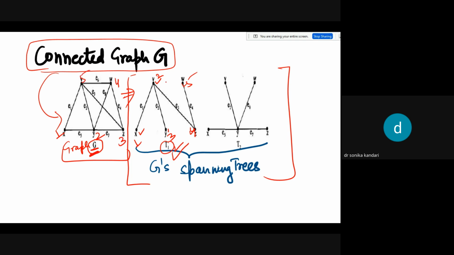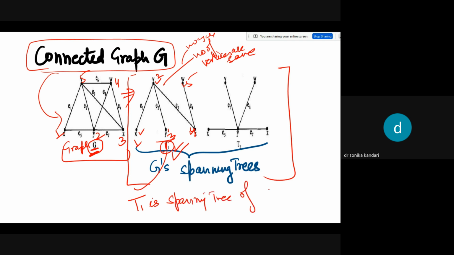It means the number of vertices is the same. Is there any cycle in T1? No cycle. It means T1 is a spanning tree of graph G. Is it clear, students?